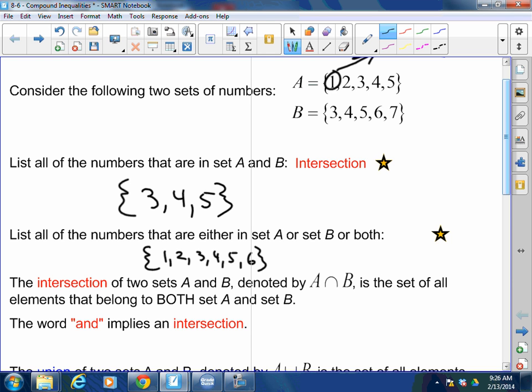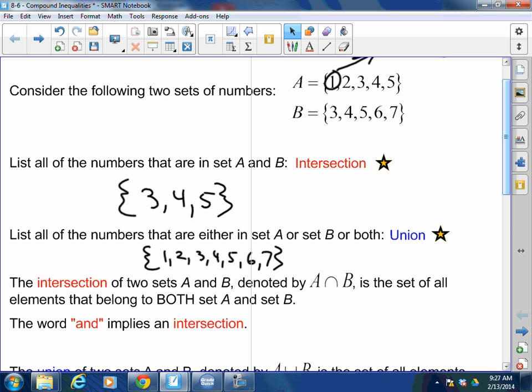Because 1, 2, 3, 4, 5 are in set A, and 6 and 7 are in set B. So when you list all of the elements together, that is called a union. Think of the United States of America. That was a union of 50 states. So all together.